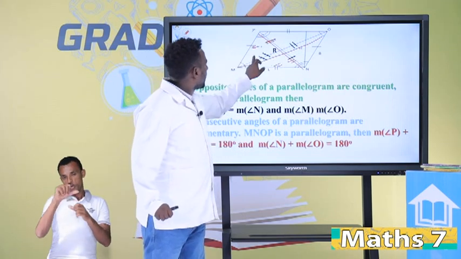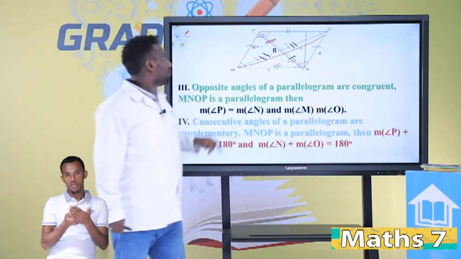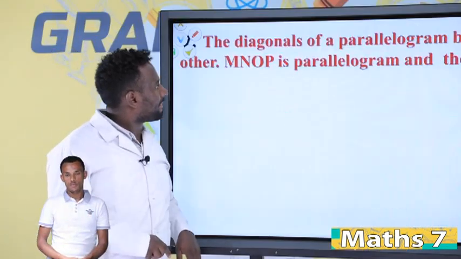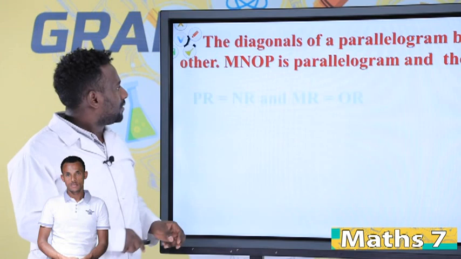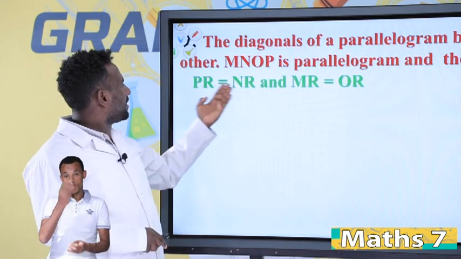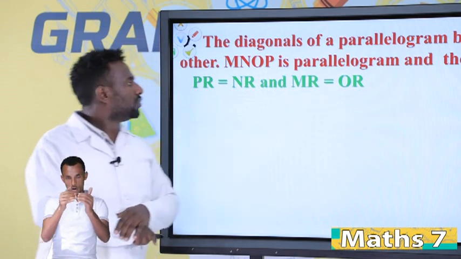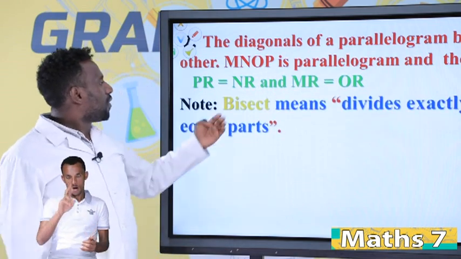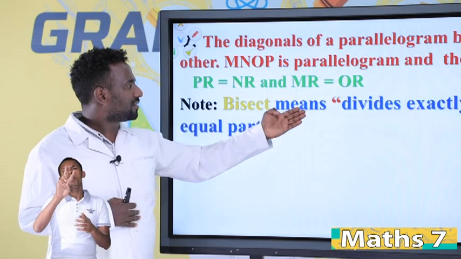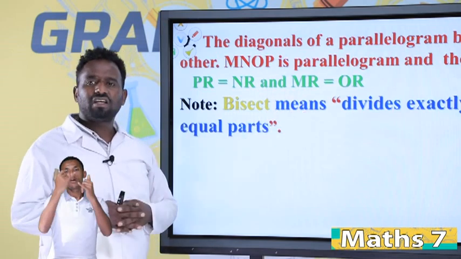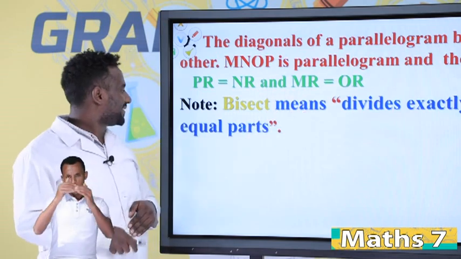They are equal. Again, this and this are equivalent. And also PR is equivalent to NR, MR is equivalent to OR. What does bisect mean? Bisect means divided exactly into two equal parts.